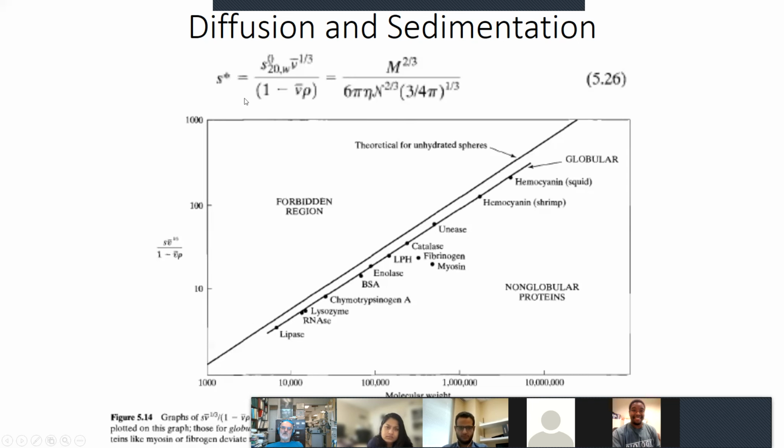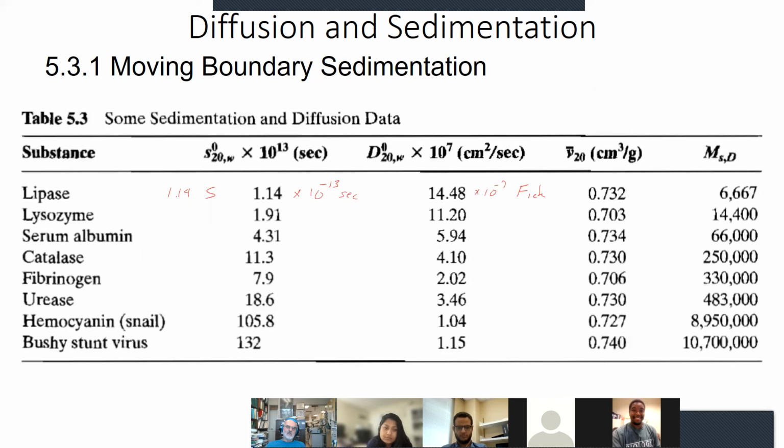So the buoyancy term, and then an S naught term, and then it's corrected by the V bar raised to the minus 1/3 power. It was in the denominator over here. And we're going to plot that versus the molecular weight for molecules where we have experimental data. Like in this table, we're going to steal some data.